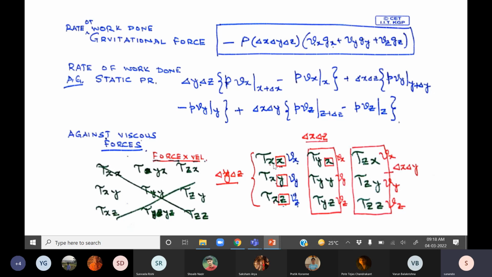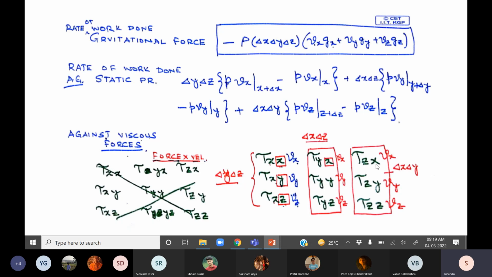Each of the 9 components of the shear stress tensor is to be multiplied with the corresponding velocity. Here we understand that tau xx acts in the x direction, so the corresponding velocity component is Vx. Tau yx also acts in the x direction, so again Vx.